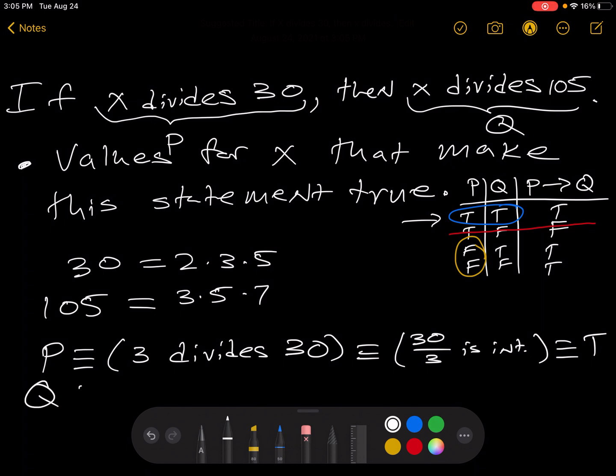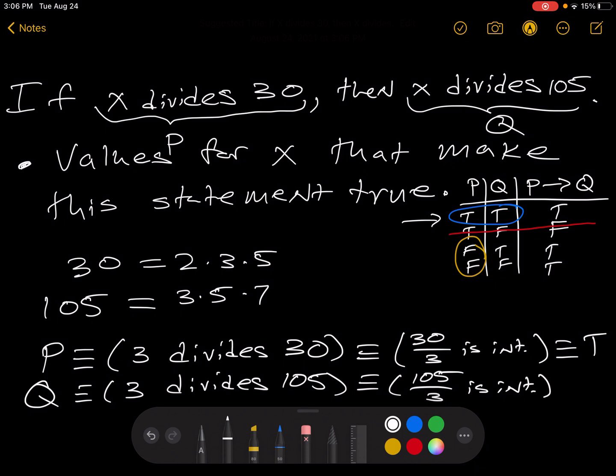Q is 3 divides 105. So that's 105 over 3 is an integer. And that's true as well.